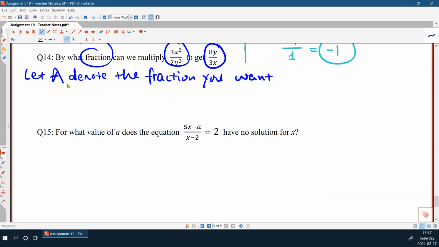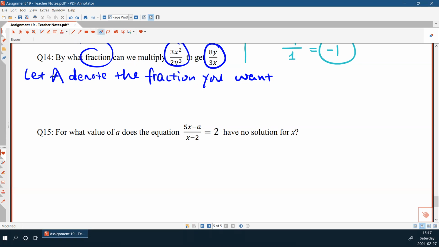The reason I use a letter A, not an X, is that we already have an X here and here, so using X can be easily confused with the other two expressions.